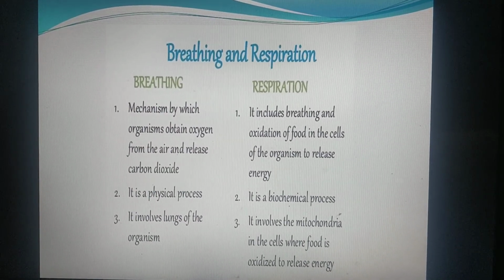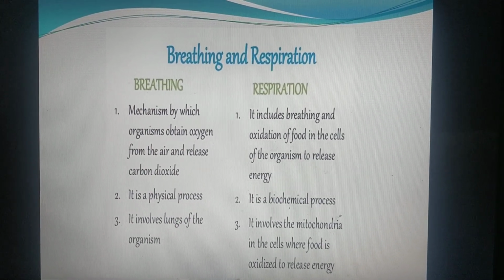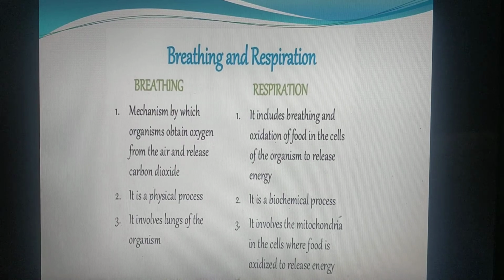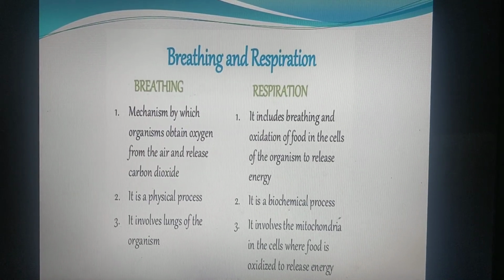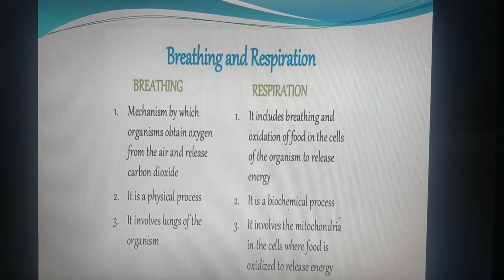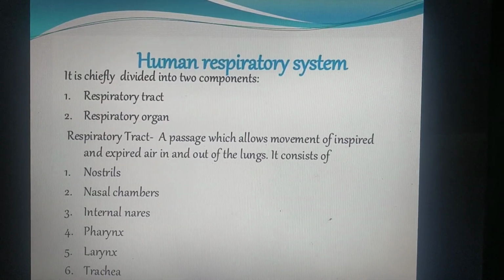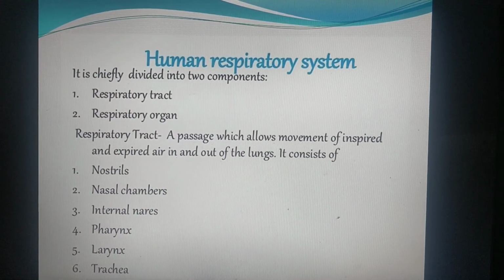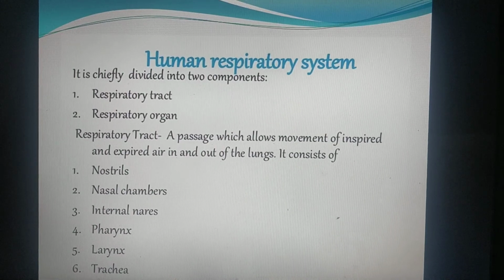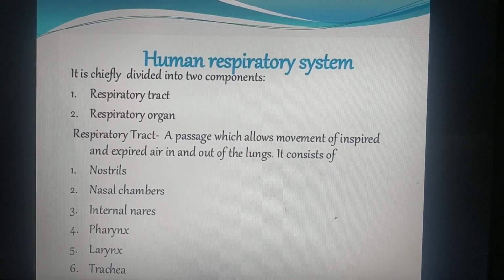Breathing involves special respiratory organs or breathing apparatus, that is, the lungs. Respiration occurs in every cell. It involves mitochondria in the cell where the food is oxidized to release energy. Human respiratory system has two basic components. One is a tract, another is the respiratory organ.